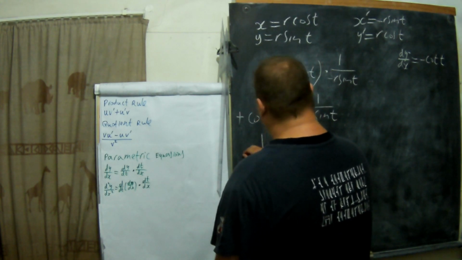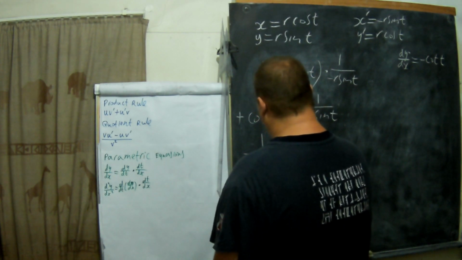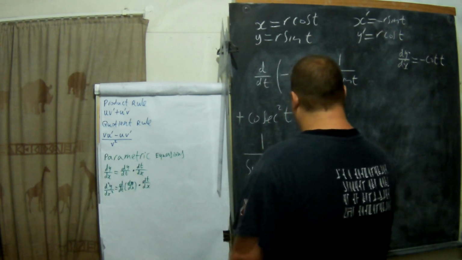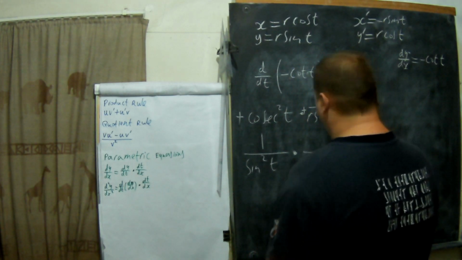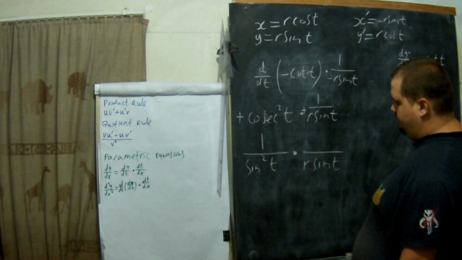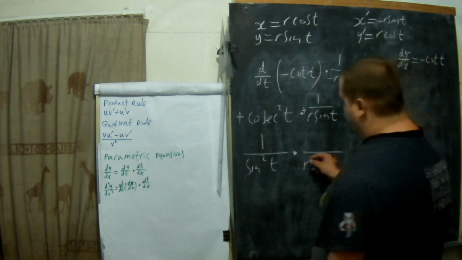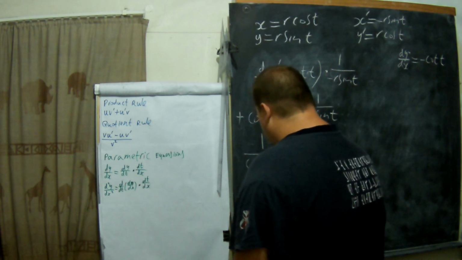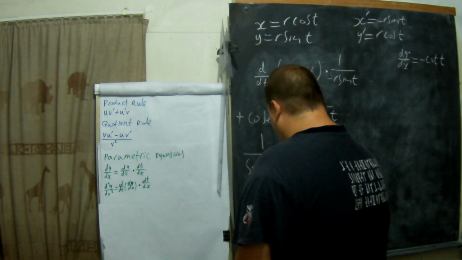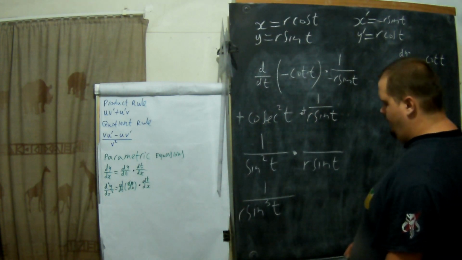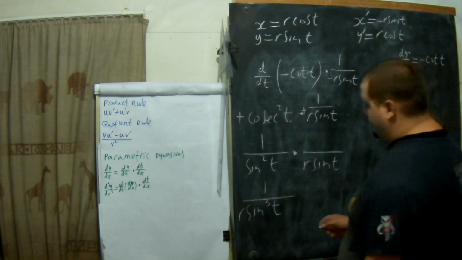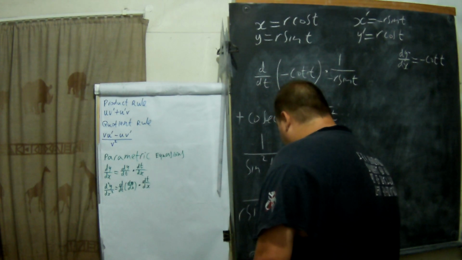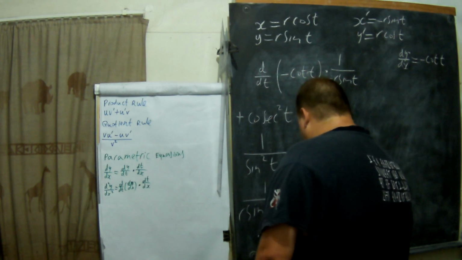So 1 over sine squared t multiplied by 1 over r sine t is 1 over r sine cubed t, which we can bring back and say it is 1 over r cosec cubed t.